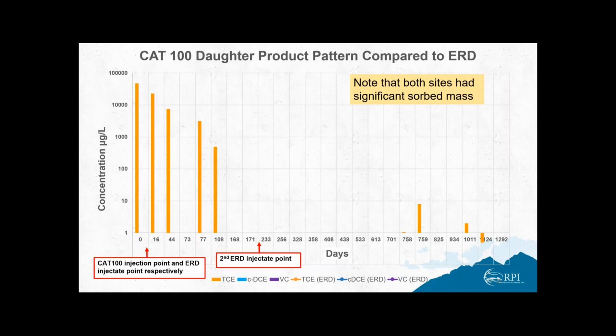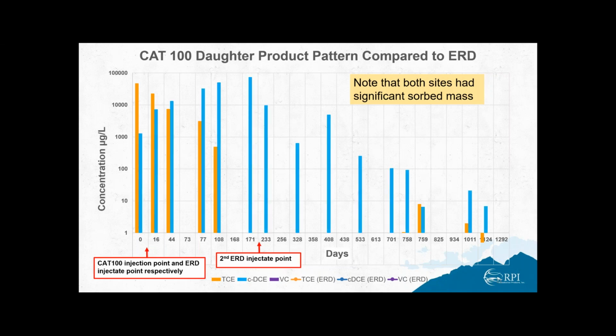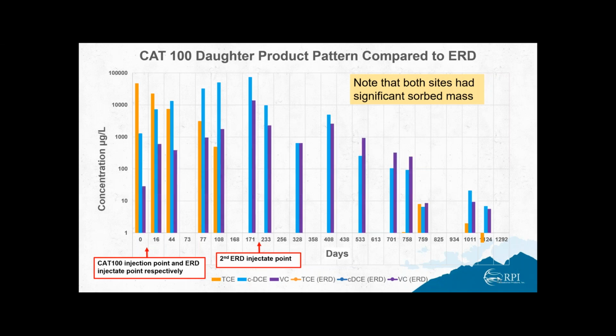This is to be expected, and you will see that for both products in this graph, because both sites, and these are two different sites to be fair, had significant sorbed mass. So next is the DCE concentration for the CAT 100. Again, it's not making it disappear by any means, but it is restraining that. And then the vinyl chloride.